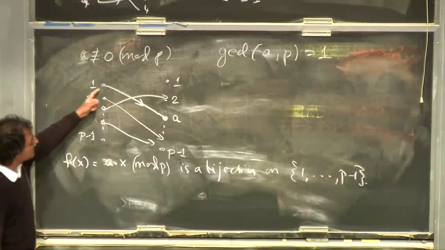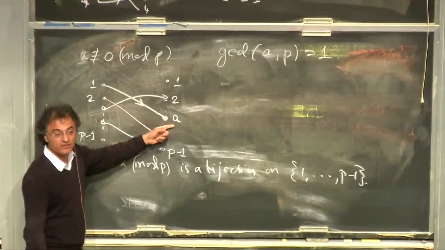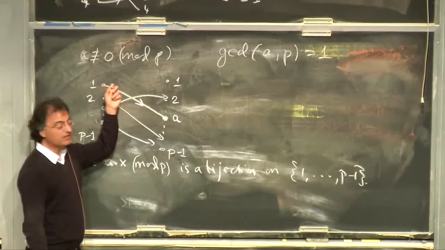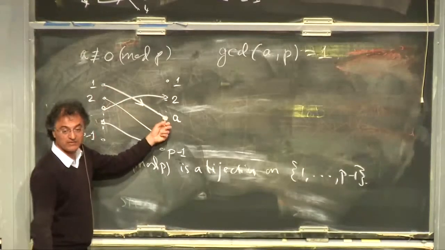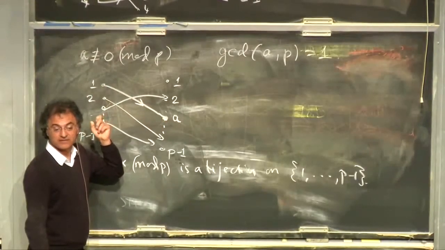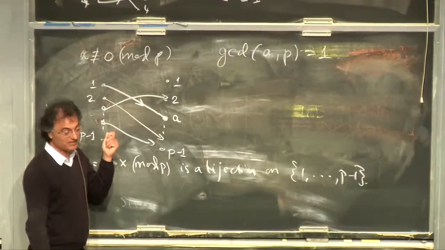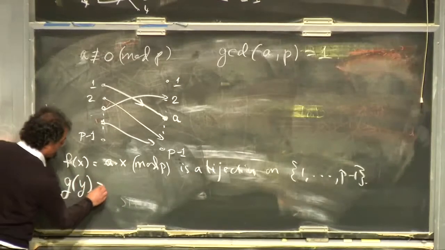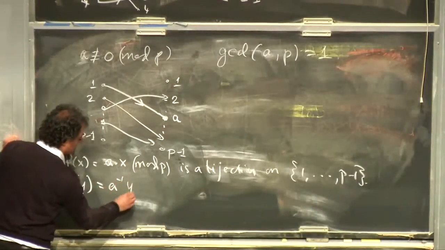Well, you see, if you multiply by a, you can also have the inverse map where you go backwards. So if you're multiplying by a to go forward, how do you go back? Multiply by a inverse. Right? So you have a map g of y equal to a inverse y mod p.